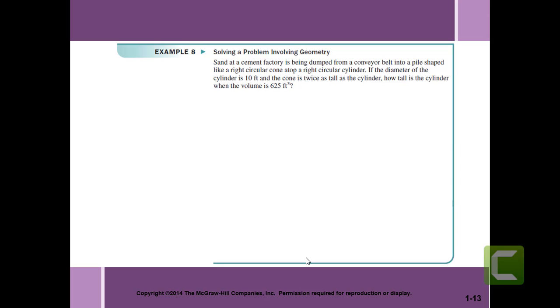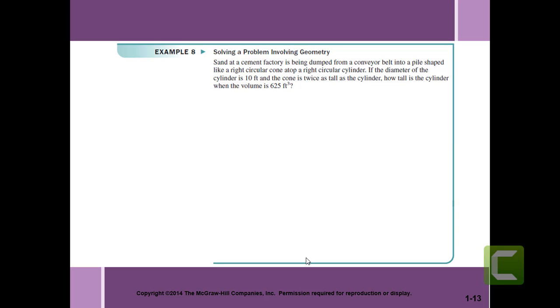So we're dealing with two geometric shapes here, a cylinder and a cone. If the diameter of the cylinder is 10 feet, so we've got the diameter of the cylinder, and the cone is twice as tall as the cylinder. So now we've got a relationship between the height of the cone and the height of the cylinder.